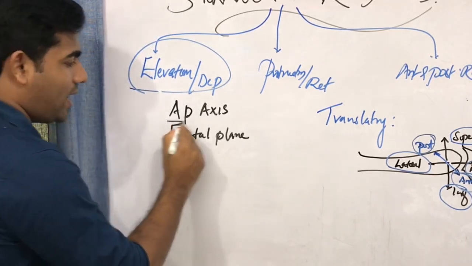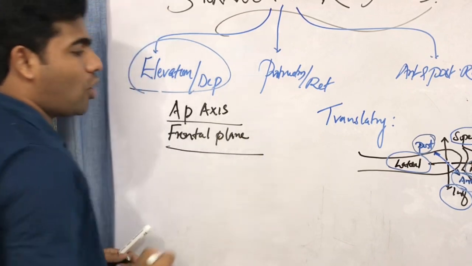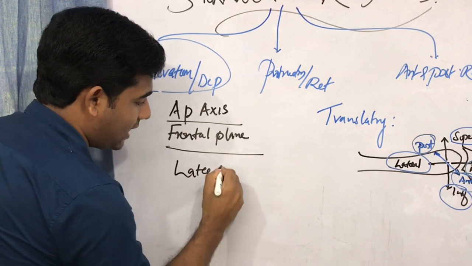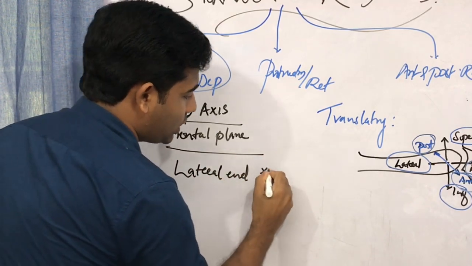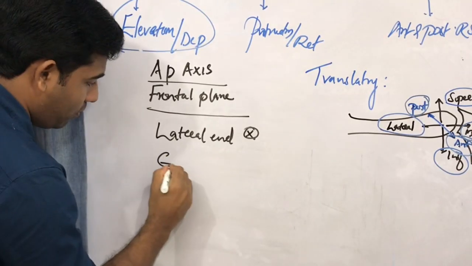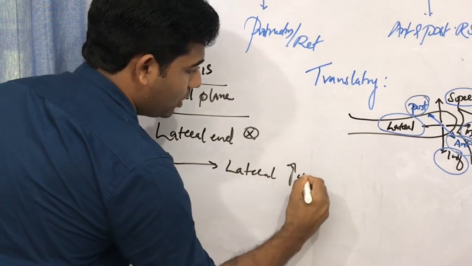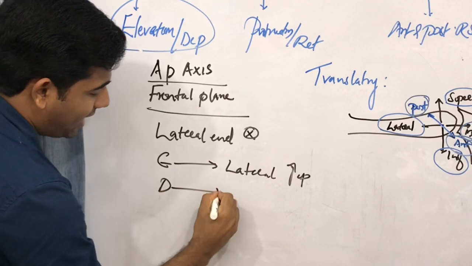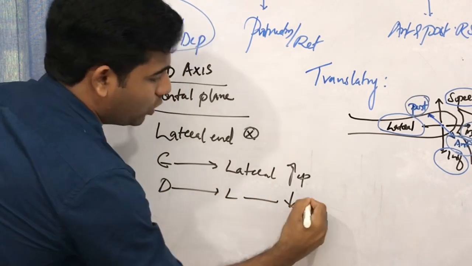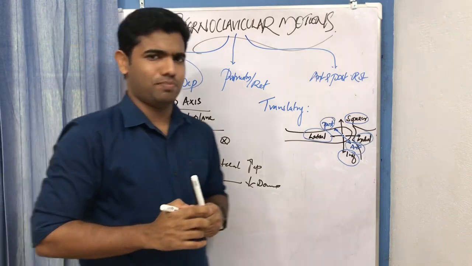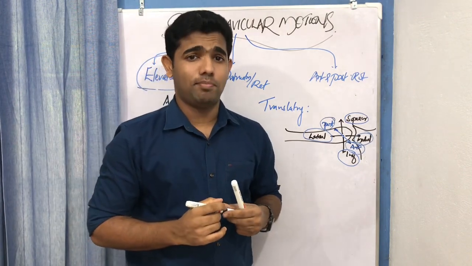So this is an AP axis movement in the frontal plane. The lateral end of the clavicle is the reference point. Elevation means the lateral end moves upwards. Depression means the lateral end moves downwards. Am I right? Yes. That is a very simple discussion, but that's not the complete picture.